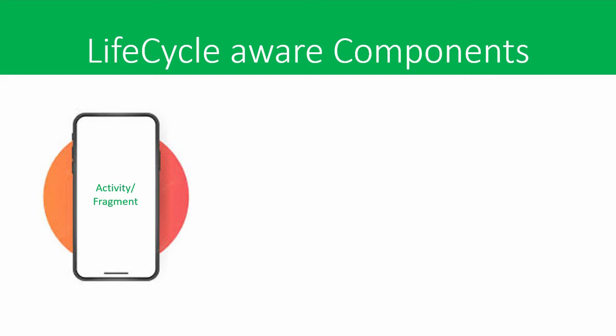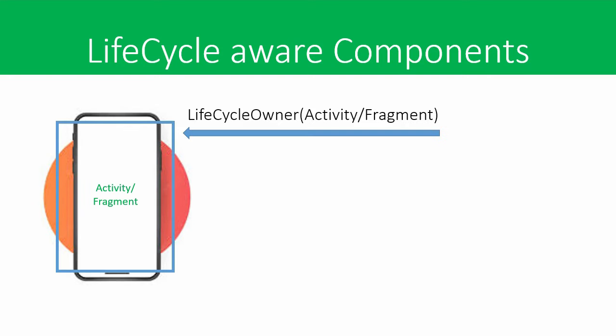I hope you know about the activity lifecycle. And what is a lifecycle owner? The activity itself is a lifecycle owner. It controls all the lifecycle of the activity, so it is the owner of that lifecycle.